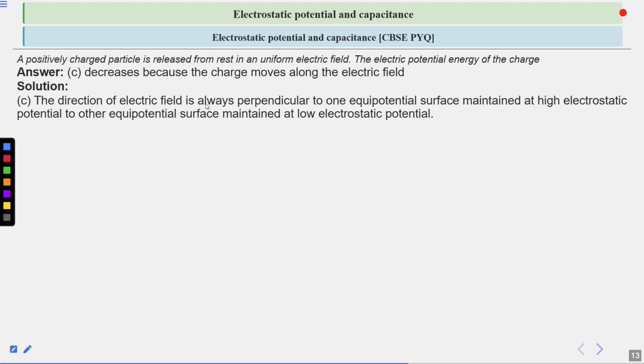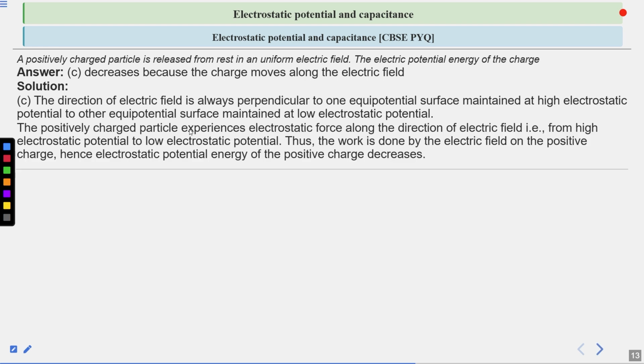So the direction of the electric field is always perpendicular to the equipotential surface, from the one maintained at high electrostatic potential to the other maintained at low electrostatic potential.